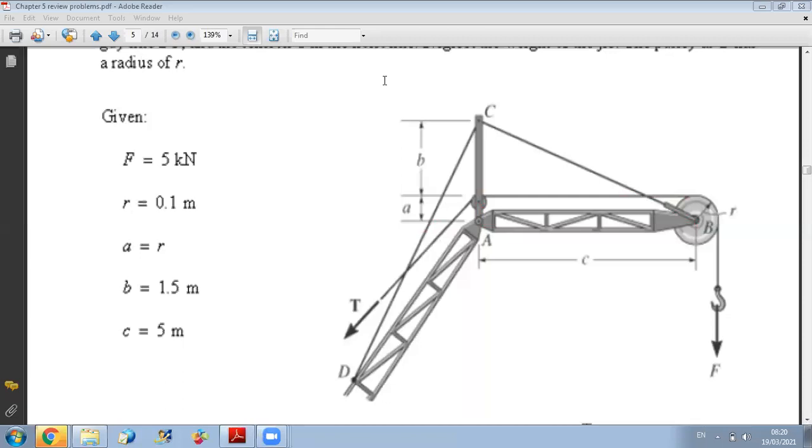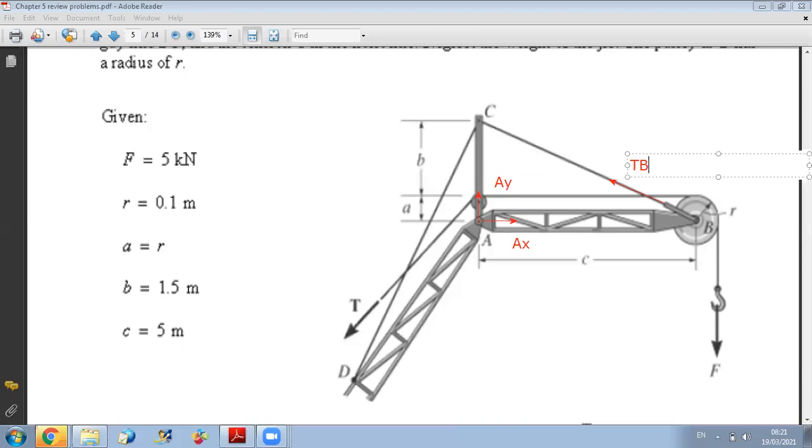First, I have the pin reaction at A, so it's Ax, Ay. Then I have the action of the cable, so I have TBC.